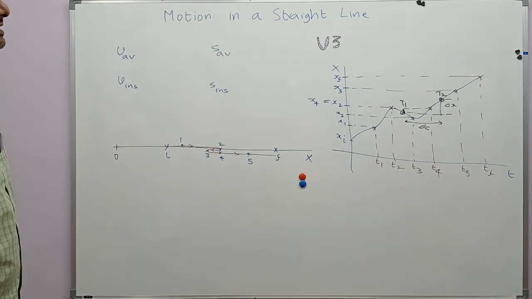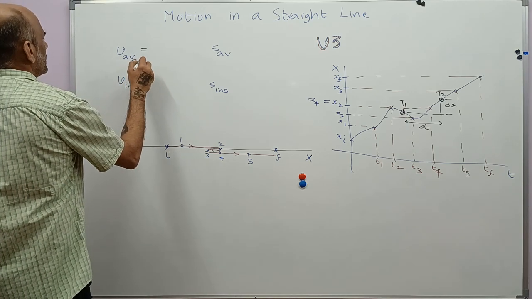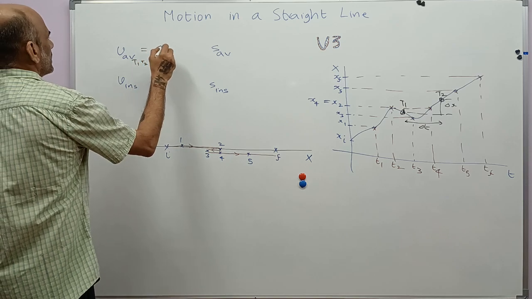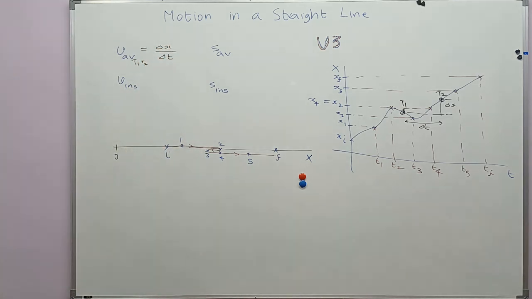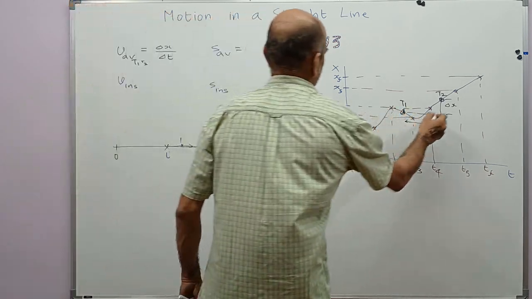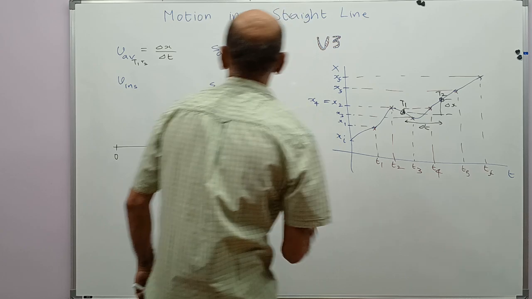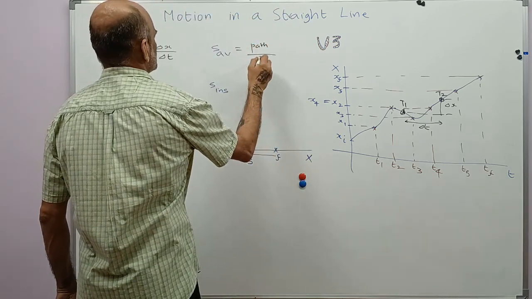So between time instants t1 and t2, average velocity is delta x divided by the corresponding delta t. Average speed is the path length covered in this interval, that is the length of this path, divided by the same amount of time delta t.